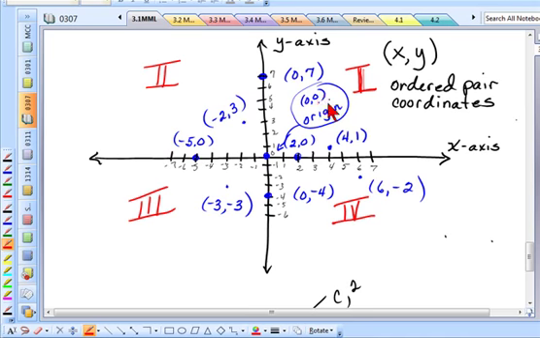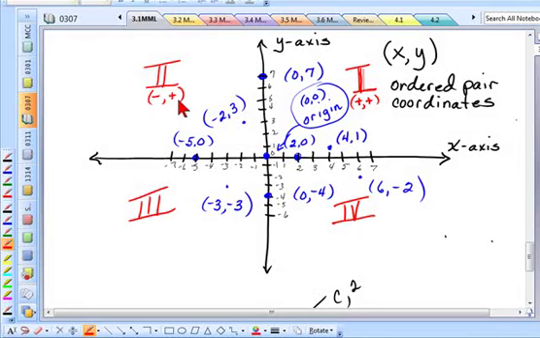So in quadrant 1, it is always a plus, comma, a plus. You don't have to memorize that. If you were in quadrant 2, that means that you started at the origin, you went to the left, which is negative, but you went up, which is positive. So in quadrant 2, it is a negative and then a positive.